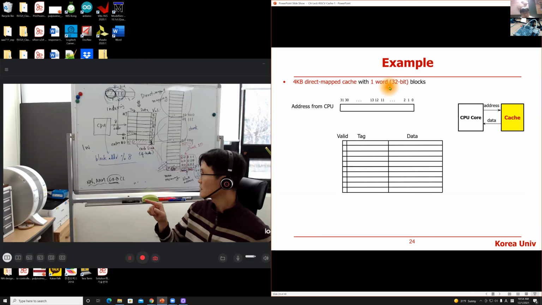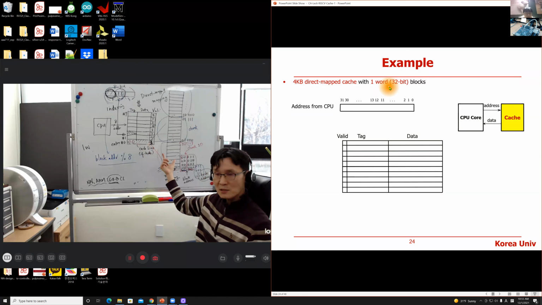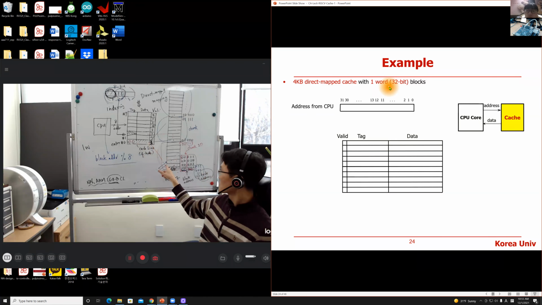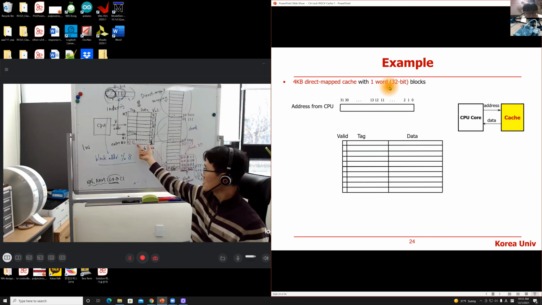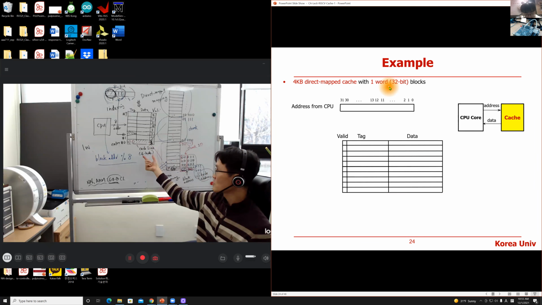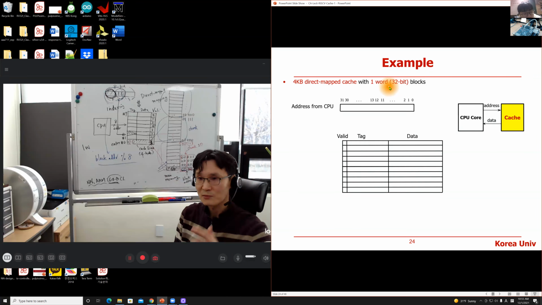One word takes advantage of that. But spatial locality, where you access one memory location and are very likely to access its neighbors, this cache cannot store neighbor information, because it is just one word.